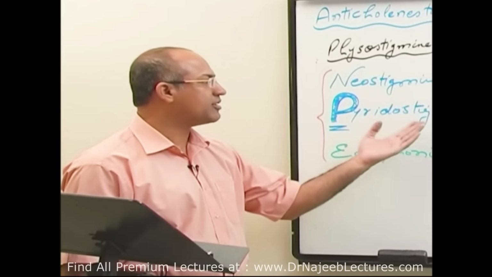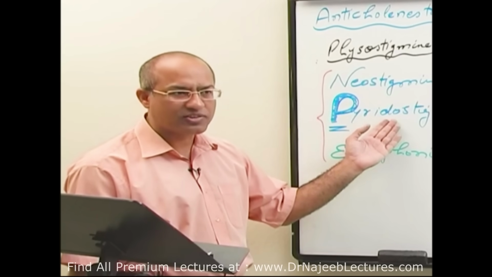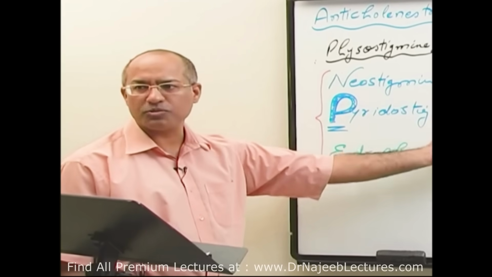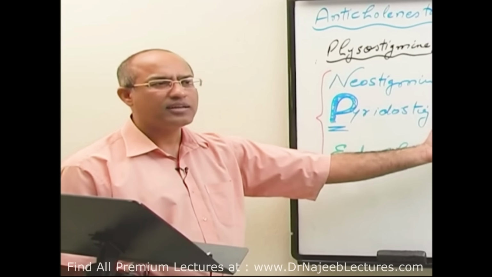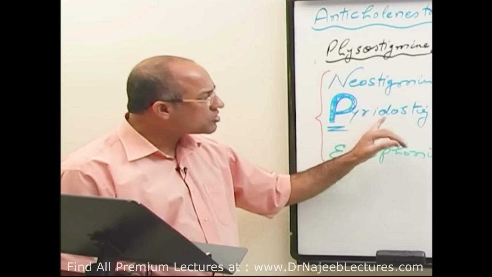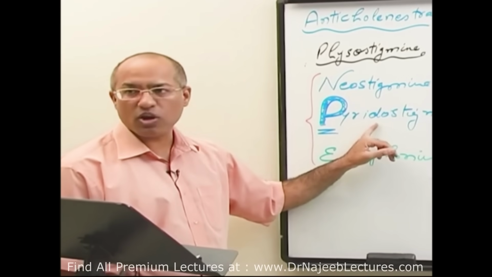Remaining things are the same. Pyridostigmine is synthetic. It is going to inhibit acetylcholinesterase, right? And it will increase the transmission at the neuromuscular junction in case of myasthenia gravis, even in Eaton-Lambert syndrome. But the most important thing compared to neostigmine is that it has longer duration.